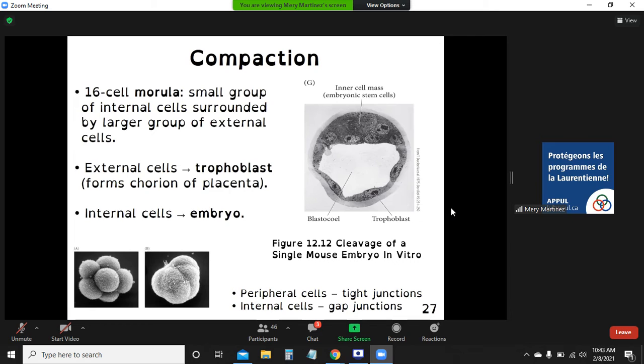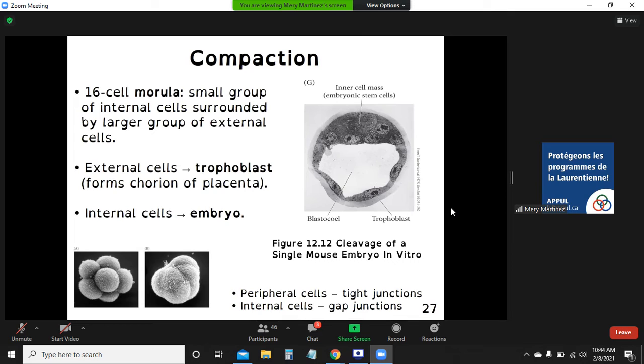And then we have the blastocyst. So we have these changes from morula to blastocyst with the blastocoel in the middle, the inner cell mass on one end, and then all the external cells are the trophoblast. Okay, so here we get the loose cells, and then it's here when it goes into compaction.